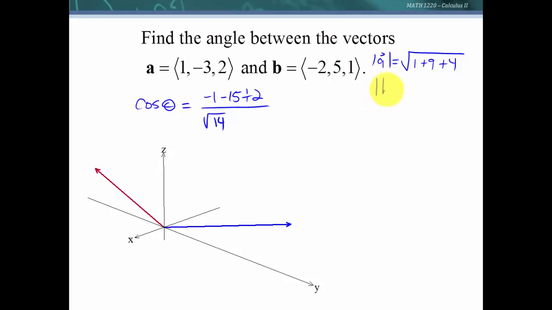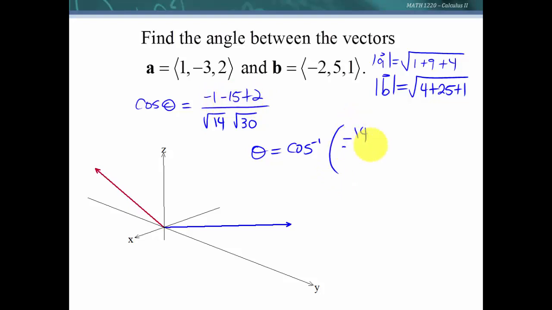If we do the magnitude of B, that's the square root of negative 2 squared, which is 4, plus 5 squared, which is 25, plus 1 squared. Combining those, we would have the square root of 30. So cosine theta equals this, and theta is the inverse cosine of negative 14 over the square root of 420.